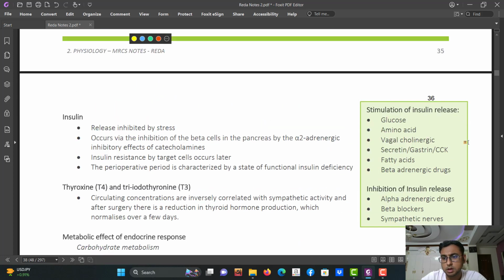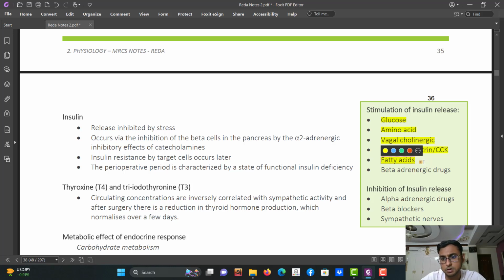So here is a chart. It shows the stimulation of insulin: glucose, that is glucose rich food or fluids; amino acids, that is protein rich fluid or food; vagal cholinergic stimulation, that is parasympathetic stimulation; secretion of gastrin and CCK; and fatty food, like dietary food of milk origin, sweeteners, or also some fast foods.